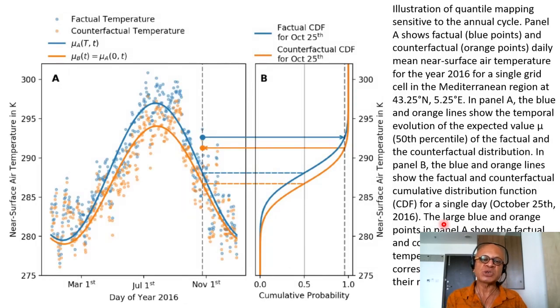But in terms of factual and counterfactual, the easiest way to try to create a counterfactual world is to take a coupled model and prescribe carbon dioxide levels from the pre-industrial level of, let's say, 280 ppm, which has since then increased to over 400 or so, 420 I think by now.